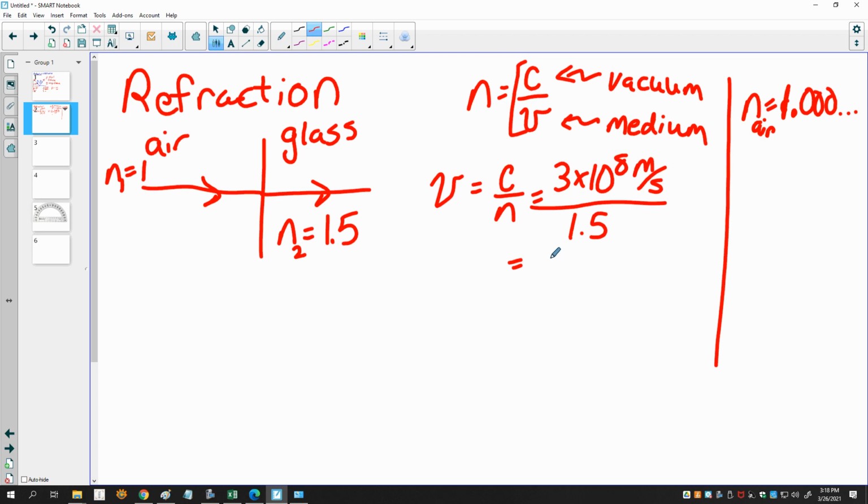So the velocity of light in glass would be 2 times 10 to the 8th meters per second. So light slows down when it moves from an area with a low index of refraction to a higher index of refraction. And the opposite would be true as well: as light moves from a high index to a low index, it's going to speed up.